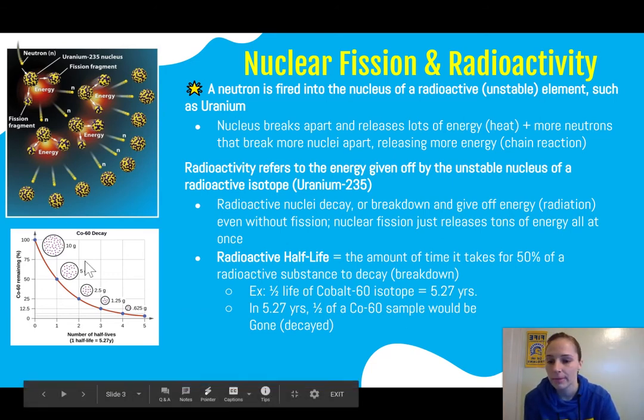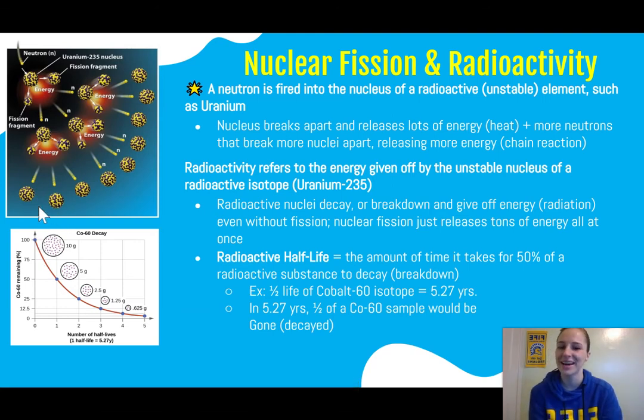If we look at this graph, if we start with 10 grams of cobalt-60, after one half-life, 5.27 years, we would have 5 grams. After another half-life, it'd be 2.5. After another, it'd be 1.25, etc.